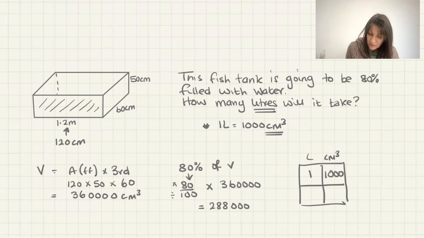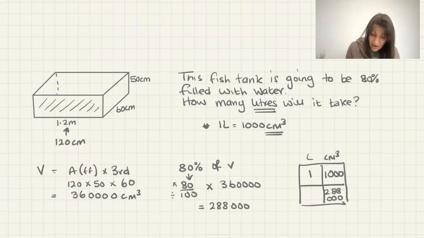And then you can use it to help you work out what's going on, okay? I want to change 288,000 centimeters cubed, hence me writing it in this column, into liters, okay?